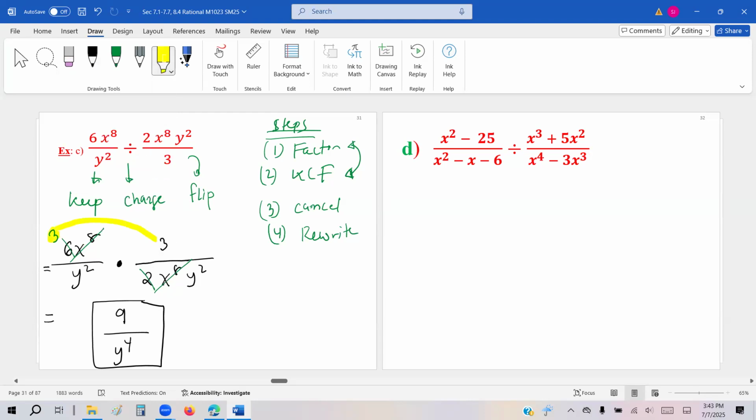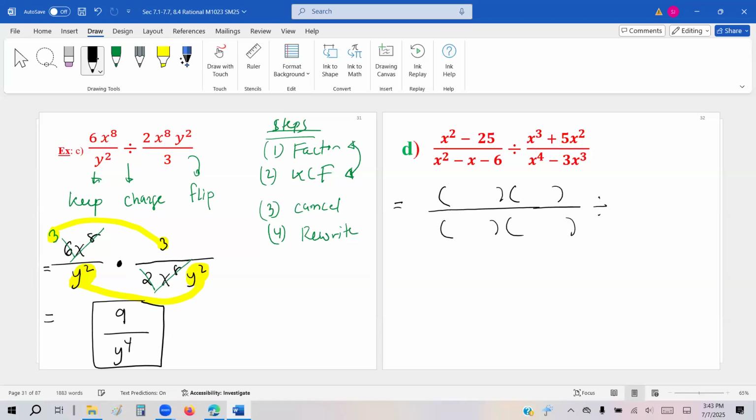I multiplied 3 with this 3, this y squared with this y squared. 3 times 3, 9, y squared times y squared. In multiplication, we add the powers, so it's y to the 4. Any questions? That means we are done with the left.